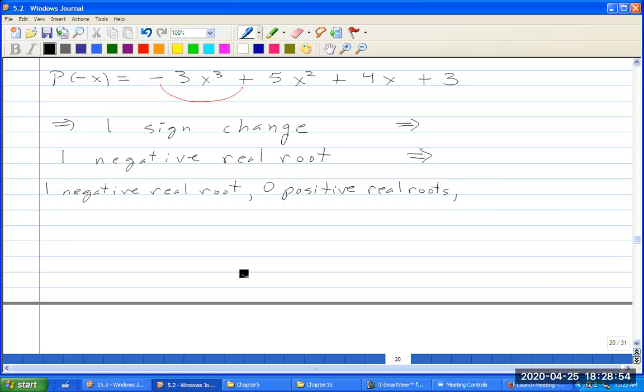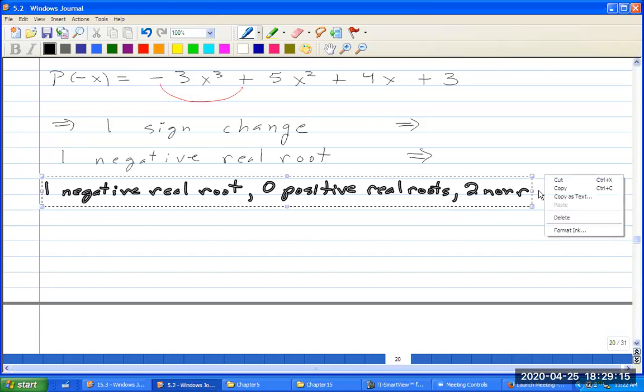And since this is a real polynomial, there are 2 non-real complex conjugate roots.